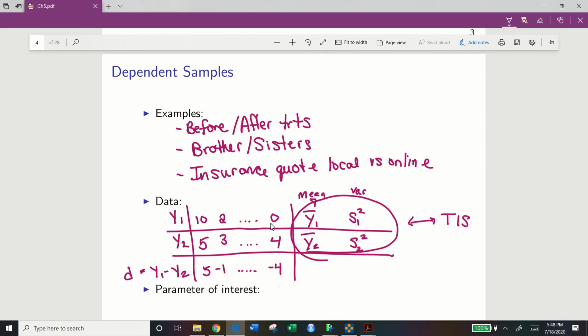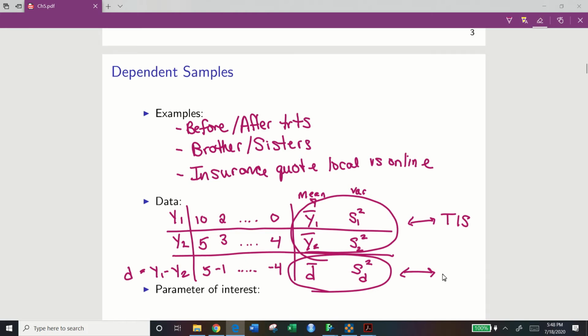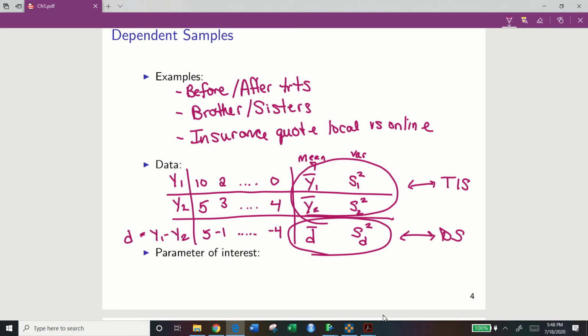Now we have a new set of data based on our differences of our two samples, and we'll end up taking the mean of that, and we represent that with d bar. And then the variance of that sample is sd squared. These two statistics are what we are concerned about when we're working with dependent samples. And for us, when we're working with dependent samples, we're caring about the difference. Particularly, we care about the population mean of our pair differences.